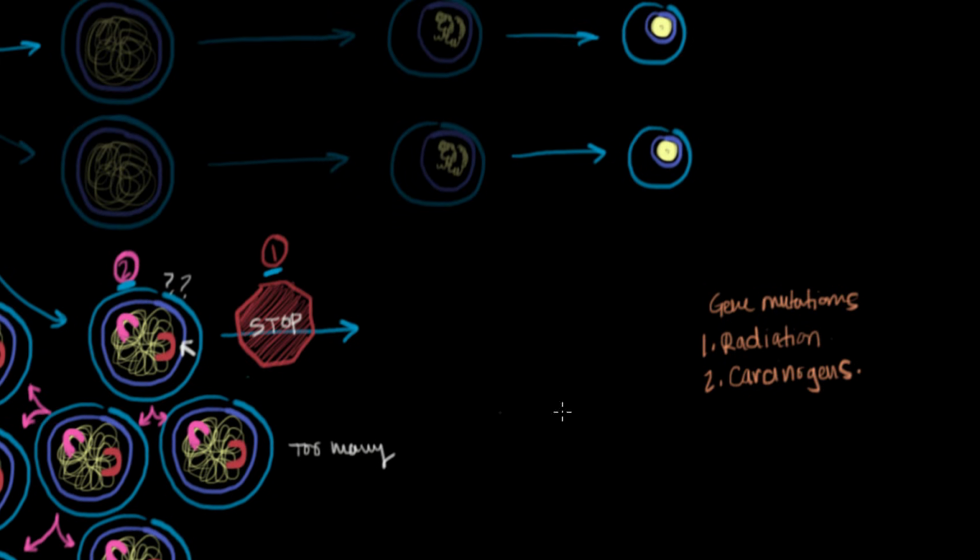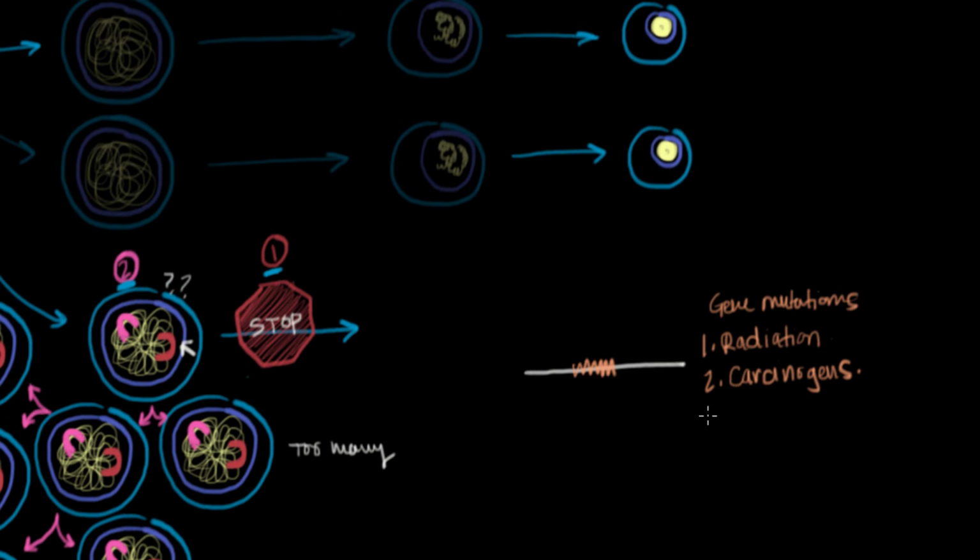So exposure to carcinogens will also cause gene mutations. And both exposure to radiation and carcinogens will usually cause an isolated mutation in DNA. So for example, if this was a strand of DNA and it was exposed to radiation or carcinogens, you'd usually end up with one gene being mutated, okay?